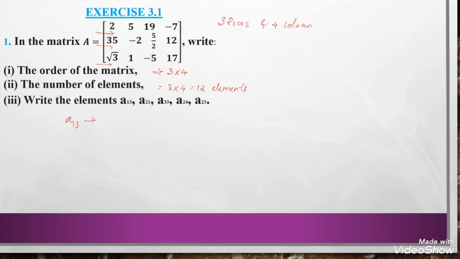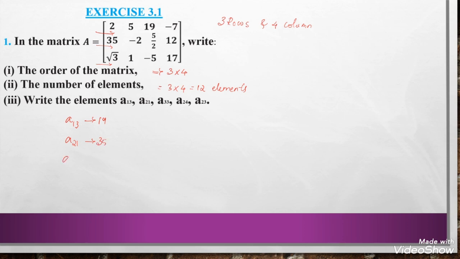In the first row, third column, there is the element 19. Similarly for A21, it is the second row, first column, which is 35.